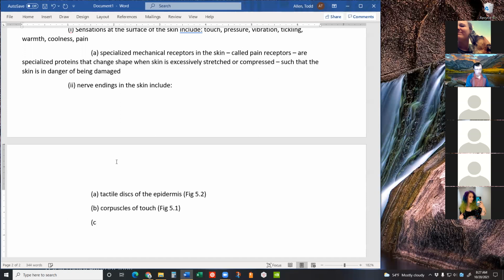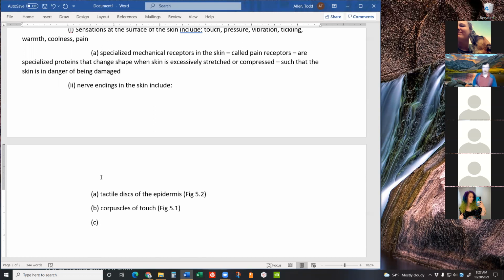I'll mention one more here. Again, this is not an exhaustive list. In addition to these things, we also have what are called hair root plexuses. That's something I'm going to be sharing with you in just a moment when we start talking about hair. If you want to take a look at this really quick, figure 5.4.